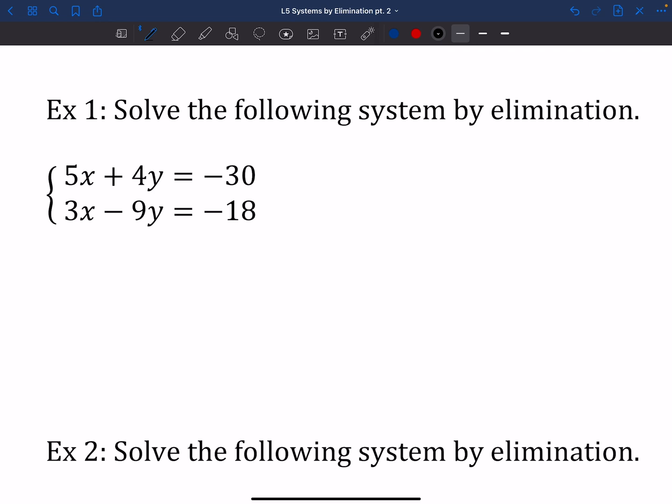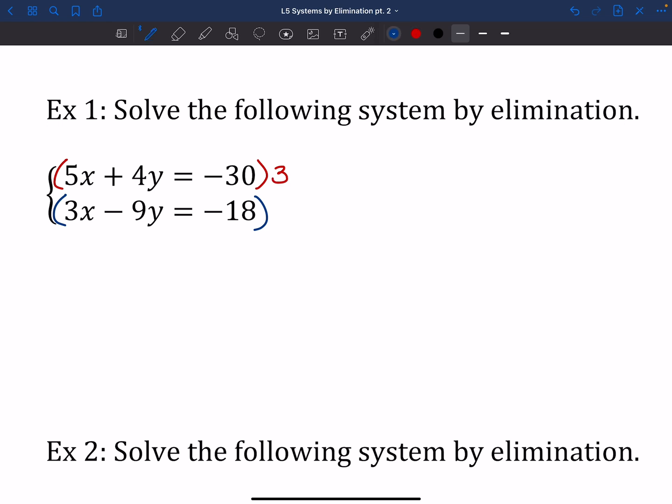We're going to multiply both the top equation and the bottom equation by some number to make those numbers the same. Think about what you could turn 5 and 3 into. If you're thinking 15, just 5 times 3, then you're all set. So in order to turn 5 into 15 up top, we're going to multiply everything in that equation by 3.